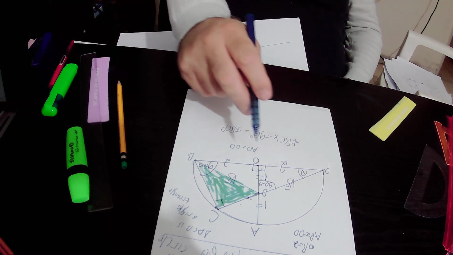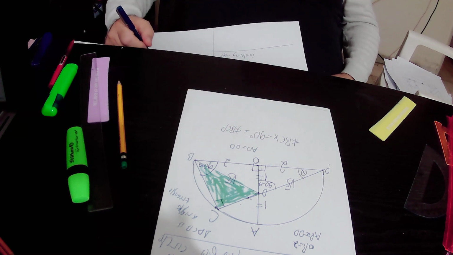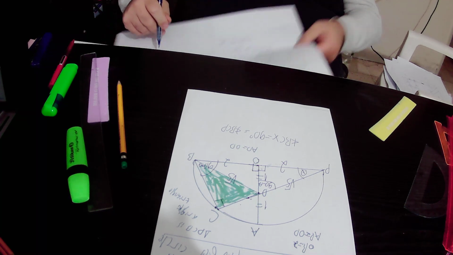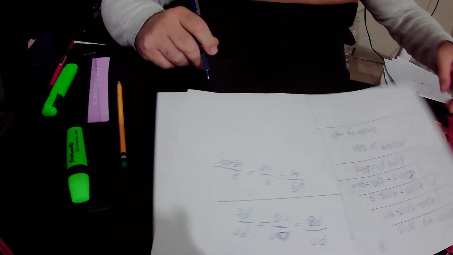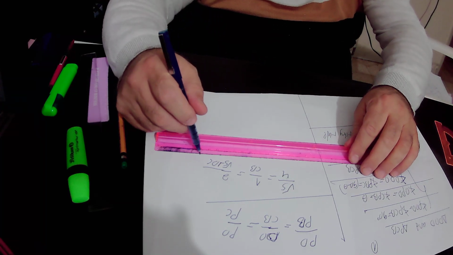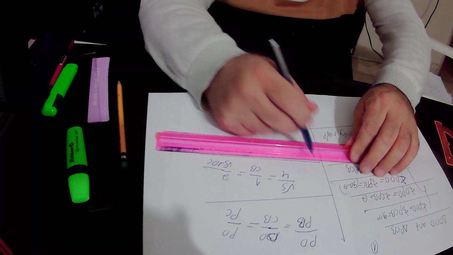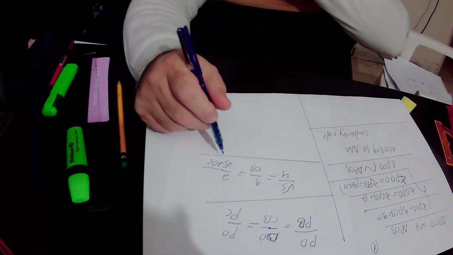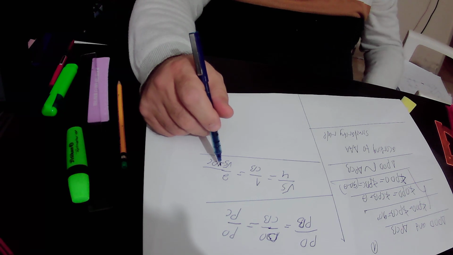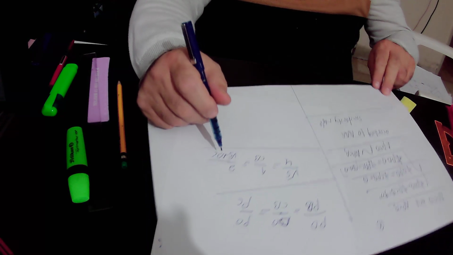PC is square root of 5 units plus DC. So in conclusion, we found out that square root of 5 over 4 equals 1 over CB, that is equal to 2 over square root of 5 plus DC.